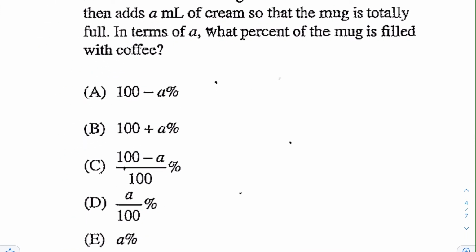Next, for number 19, Joe fills up his 100 milliliter mug with B milliliters of coffee and then adds A milliliters of cream, so the mug is totally full. In terms of A, what percentage of the mug is filled with coffee? A percent is just part over whole. So you want part over whole, where the part is the coffee and the whole is the total.